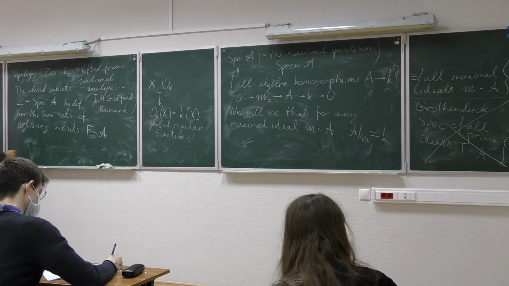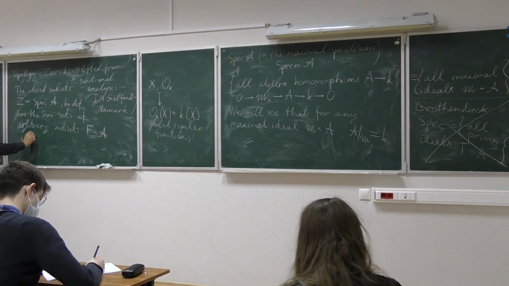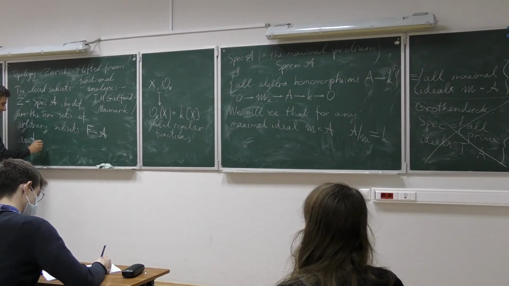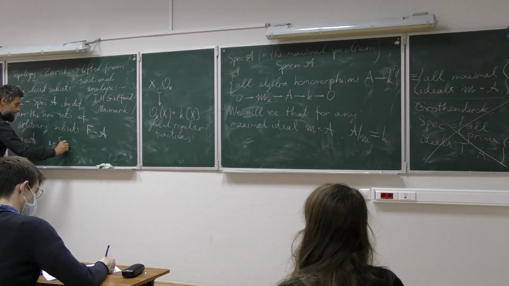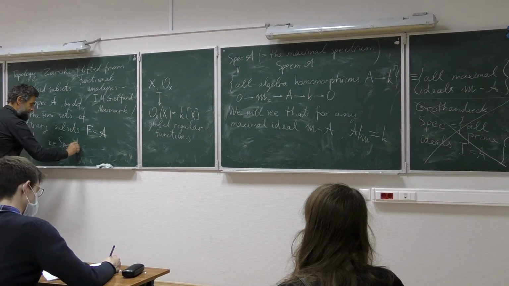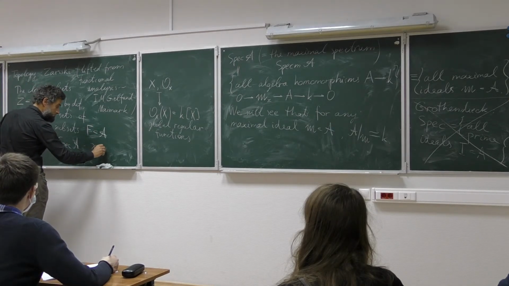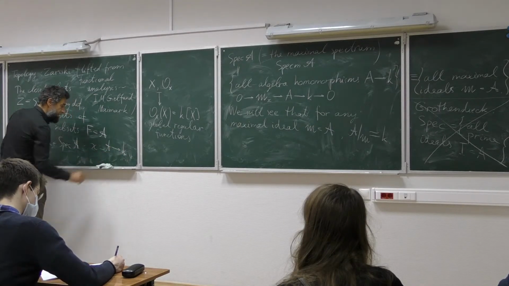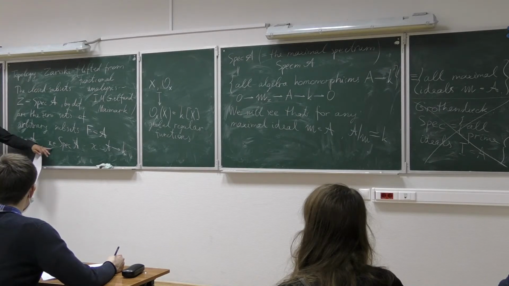You see, given an element a in our algebra, and an element x in its spectrum, so x is a homomorphism from A to K, it makes sense to evaluate a at x.